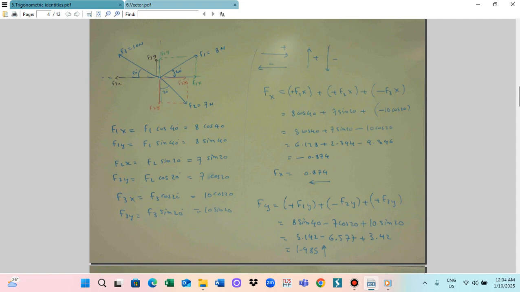So you got the equation. So we substitute. F1Y is 8 sin 40 minus F2Y is 7 cos 20 plus F3Y is 10 sin 20. Okay, so you substitute here. So sin 40, you got 0.652 multiply 8, so this is 5.142.